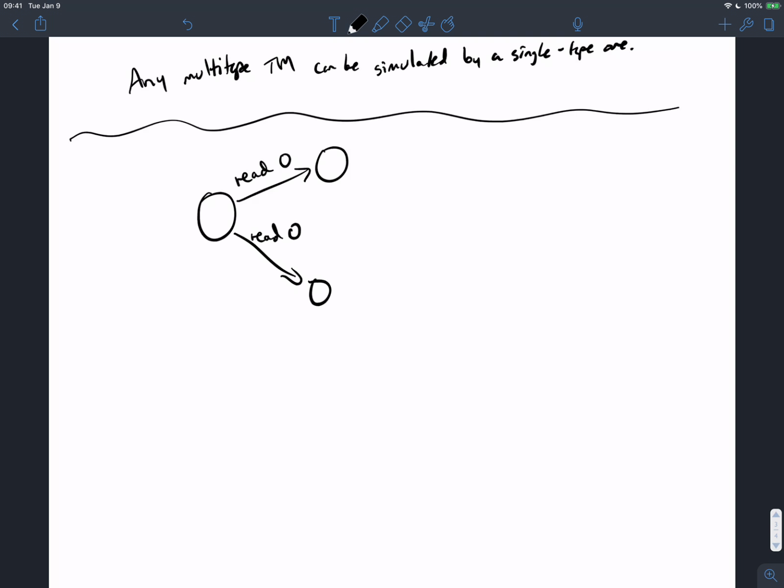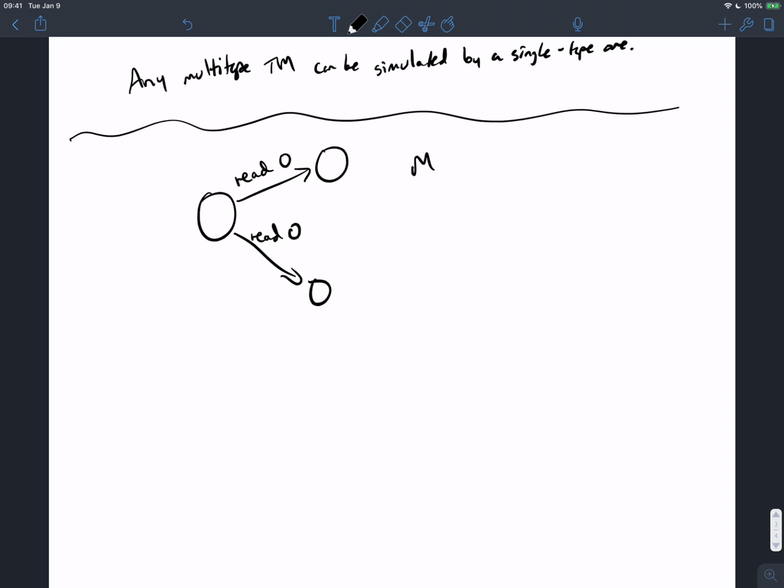Since the transition function is total, there is exactly one transition for any state and symbol read combination. Here, this is not allowed because now I have two places I can go. But maybe what we can do is we'll allow this possibility.